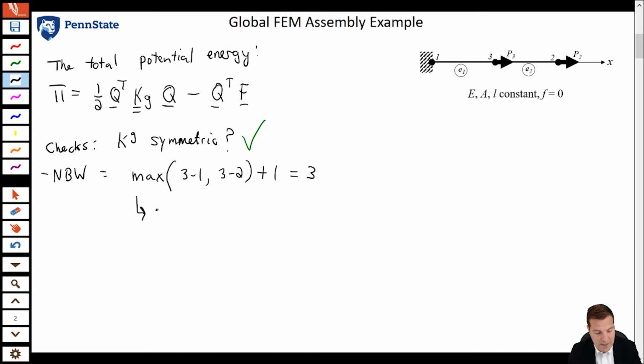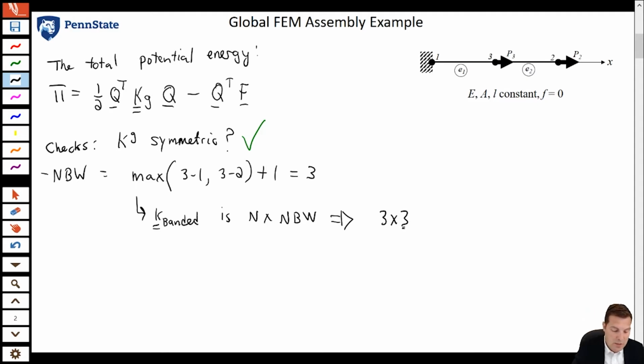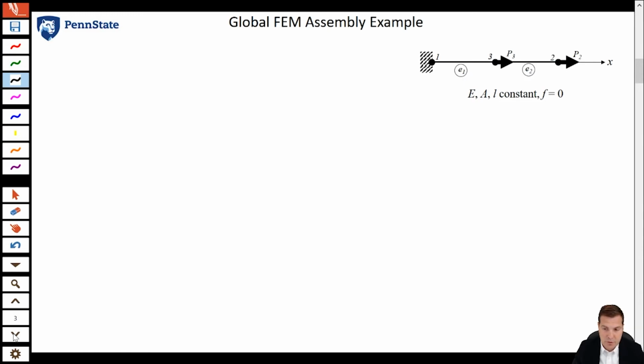And so k banded is n times n bw, which means it's a 3 by 3. So in this case, because of that node numbering, we aren't able to save ourselves any space because we have the shifted nodes 1, 3, 2. They're not sequentially ordered.